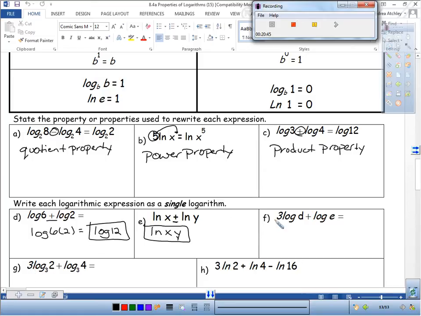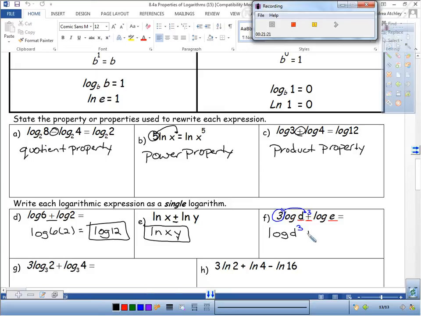Okay, then f, we have to do two properties here. I have this, so it should become the exponent of d. And then I also have the addition. So that means I should multiply the e and the d cubed. So it should be the log of d cubed.